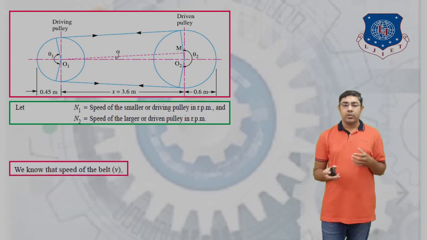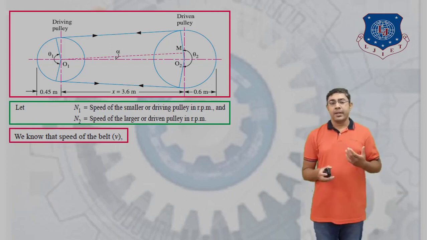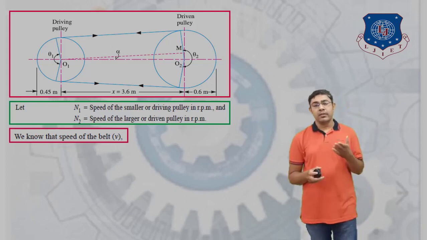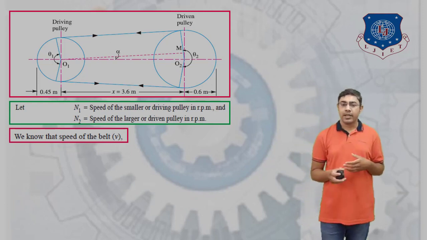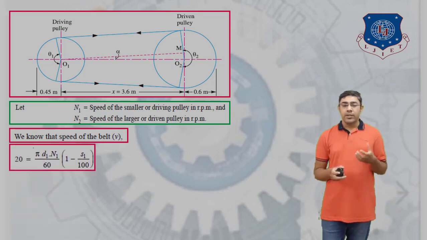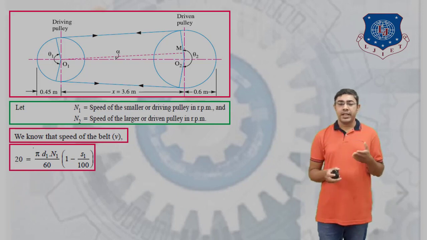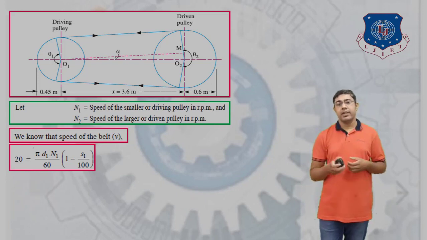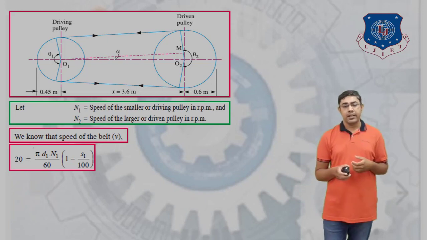So we first have to calculate N1 and N2, and for that we use the belt speed. As we know, the belt speed is given in our problem, and that is equal to 20 meter per second. And since slip occurs, we have to consider slip also. So the belt speed v is equal to 20, which is equal to pi d1 n1 divided by 60 into 1 minus s1 divided by 100.